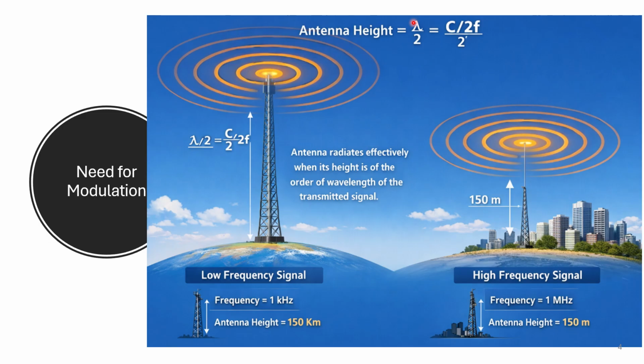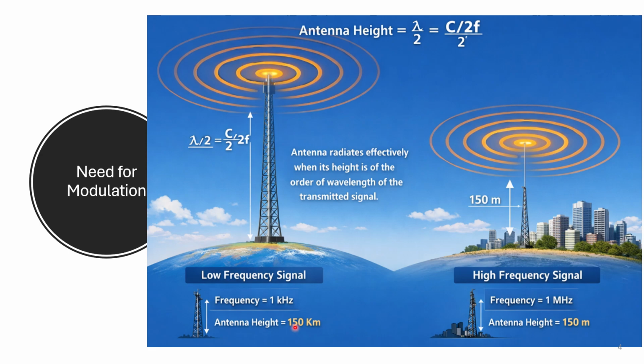If you are reducing the size of the wavelength and increasing the frequency, since lambda and frequency are inversely proportional, then automatically your antenna size will be reduced.